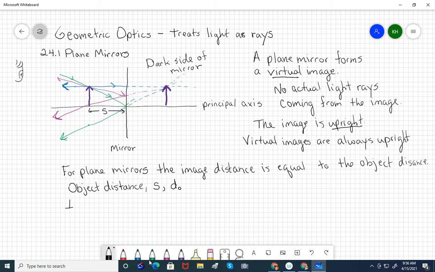The image distance is the distance from here to here. Our book uses S with a little prime on it. Some books will use a D with a little lowercase I for image. Okay, for plane mirrors, S is equal to the negative of S prime.